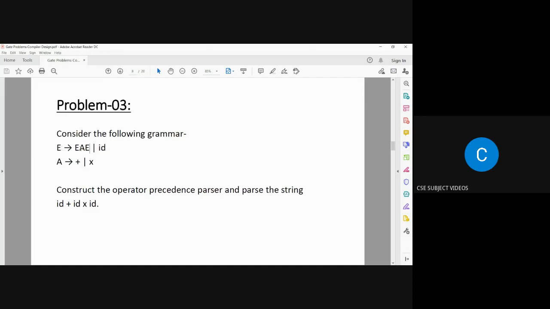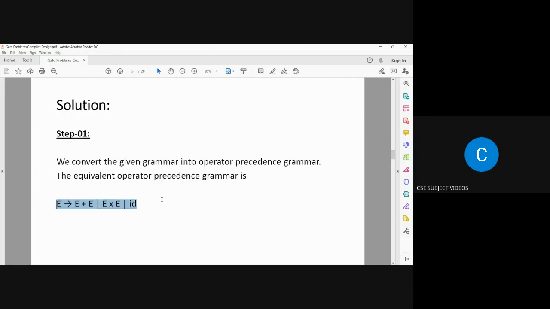Now E tends to, so instead of A we have to replace it with the plus or multiplication mark. So E + E, E * E, E + E / E * E + / id. This is our grammar, so this is what we have mentioned here.